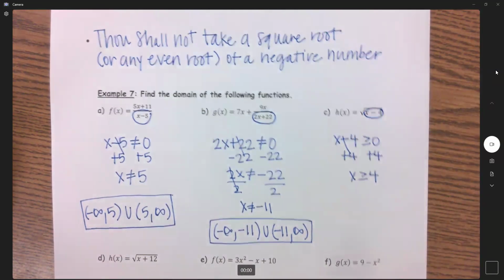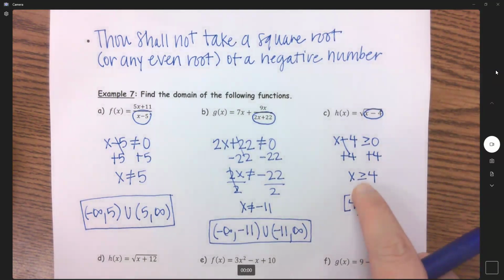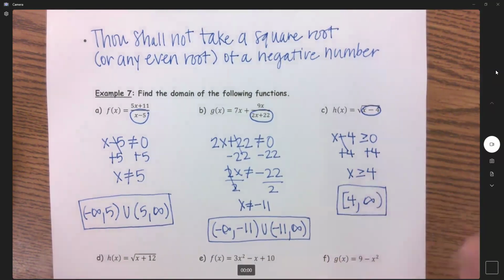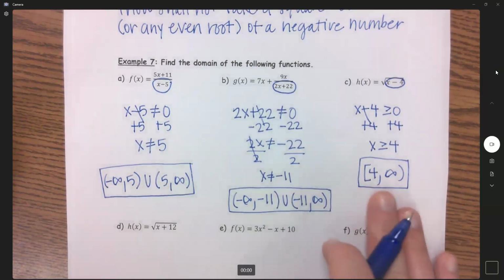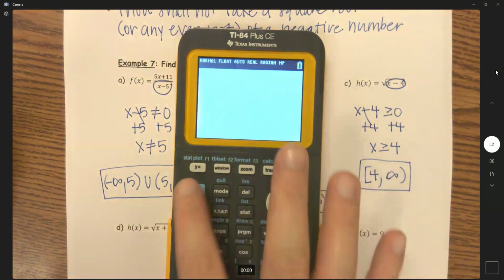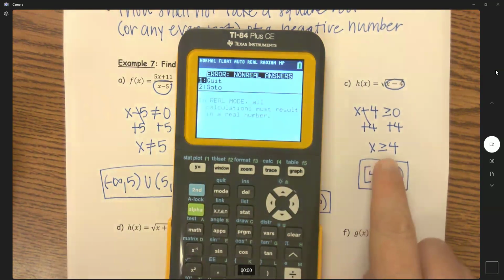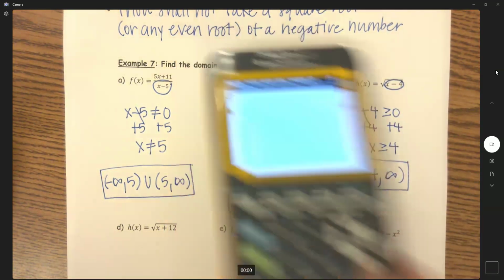So in interval notation, that means we're starting at 4, and because it's greater than or equal to, it's going to have a bracket, to infinity. If we go outside this solution set, if we go to 3, I have the square root of 3 minus 4, that's going to give me a non-real answer. So all of my input values have to be 4 or higher to work.